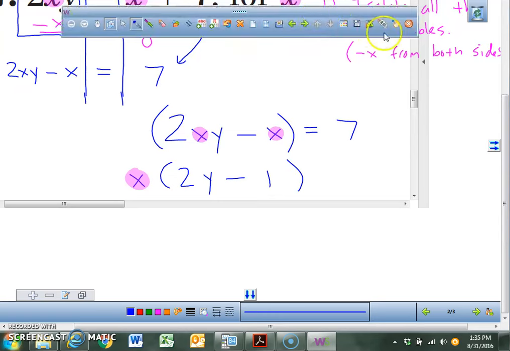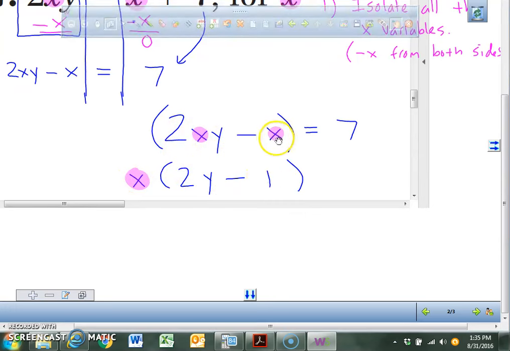So follow the hand. Ready? What is x times 2y? 2xy. And what is x times a negative 1? It's negative x. So this expression here, where the hand is highlighting it, is the exact same as this expression. All I've done is factor out an x.